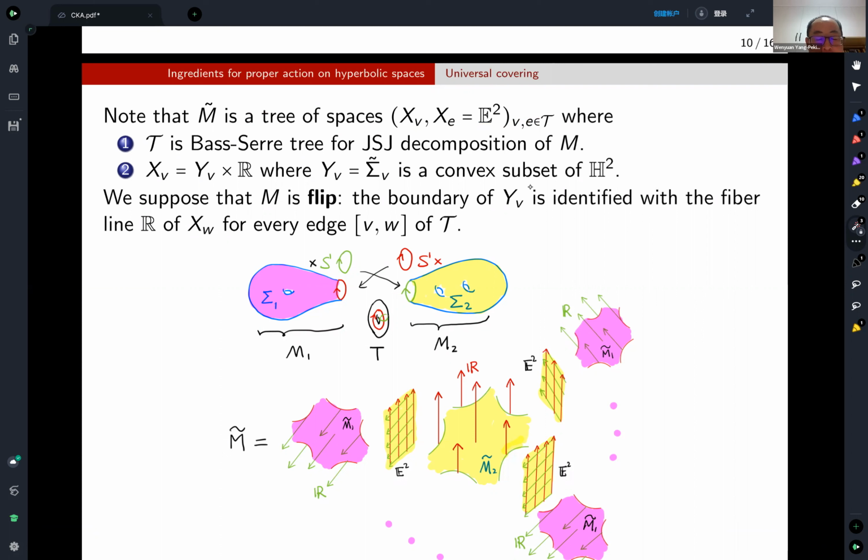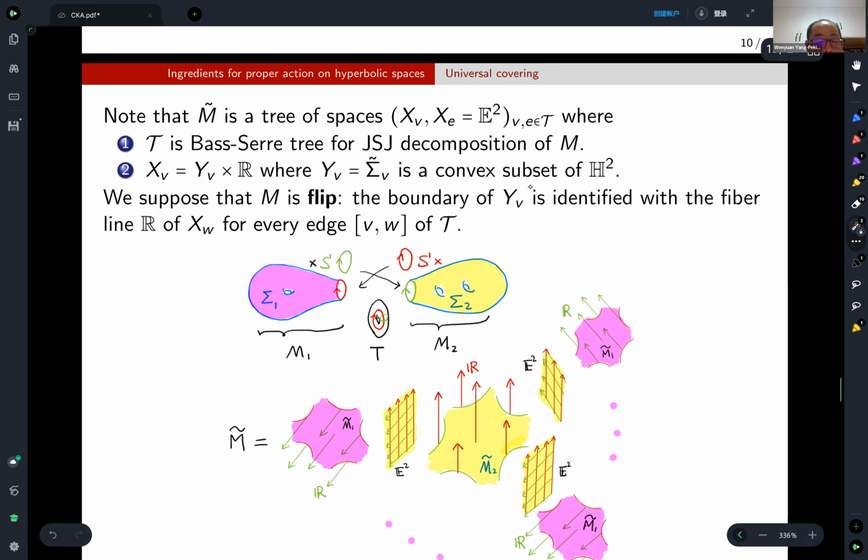For the graph manifold group, for each vertex there is a piece, a Seifert manifold. The universal cover of a Seifert manifold is just a convex subset of the hyperbolic plane, because this is with boundary, crossed with R. This is the fiber direction.